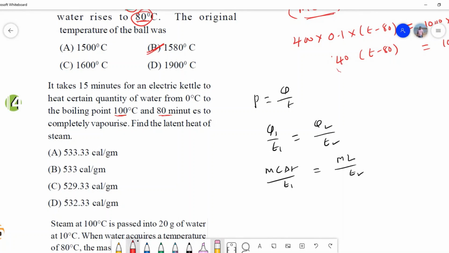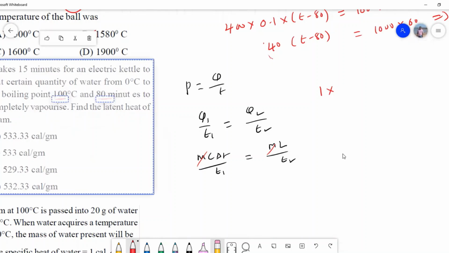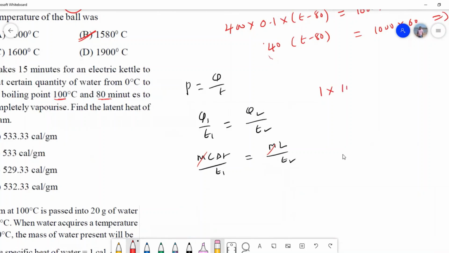Here the same M cancels. Now specific heat of ice is 1, water is 1. What is the change in temperature? 0 to 100, so 100. Time is 15. Latent heat we don't know, but the time is given as 80.